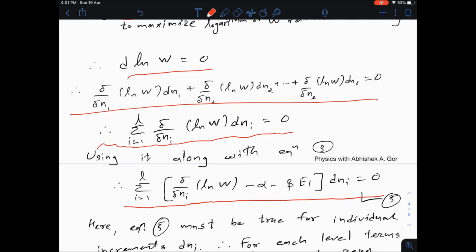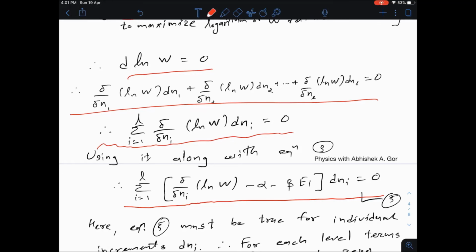What we have done is introduce the restriction of the conservation of constant N and U, that is, total number of particles and internal energy are constant. We have added these restrictions to the ln W, each multiplied by an arbitrary constant alpha and beta.